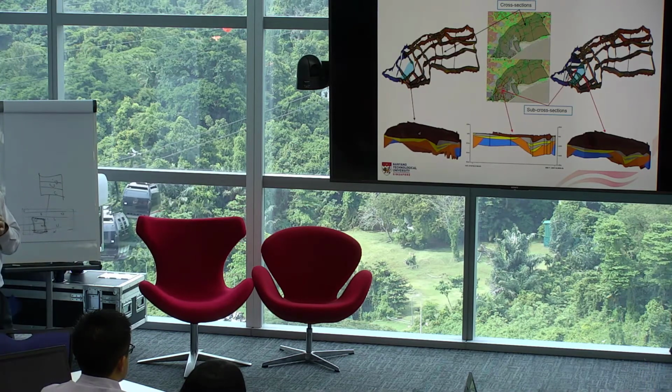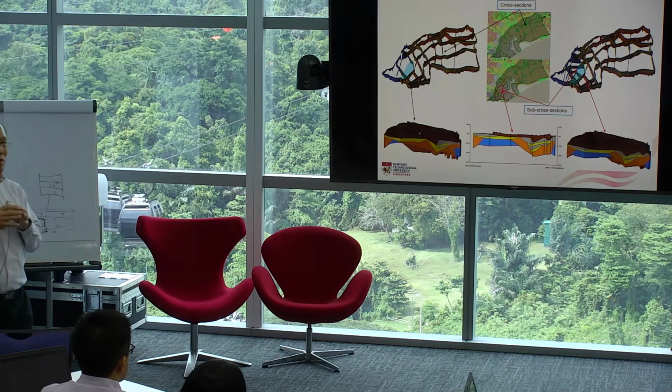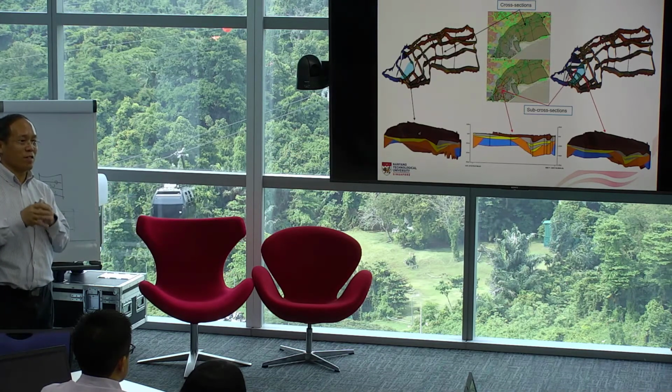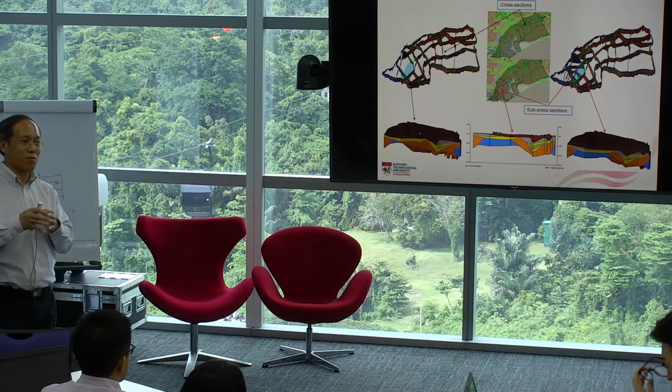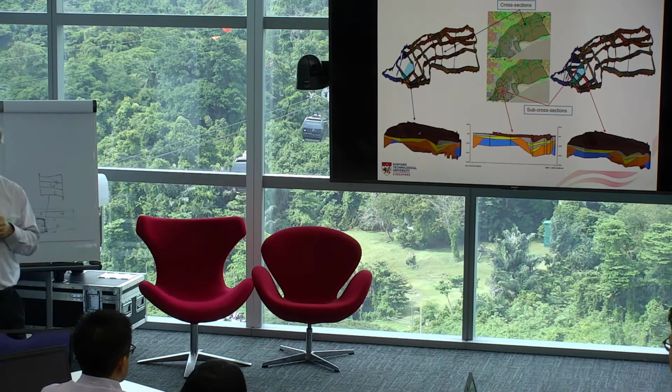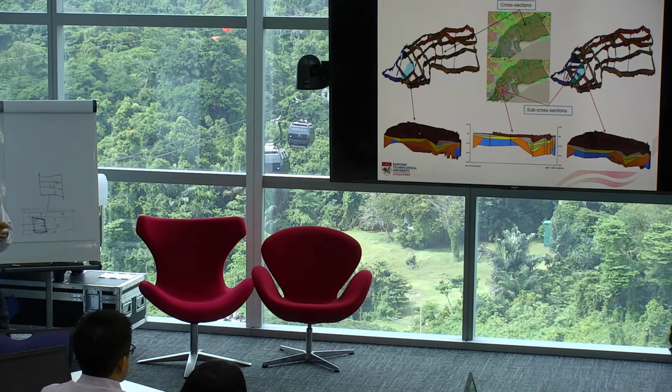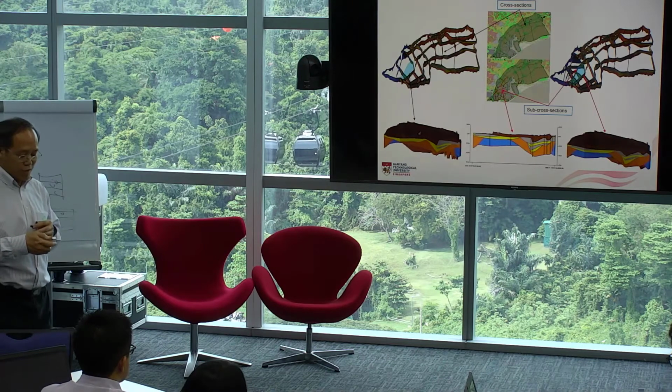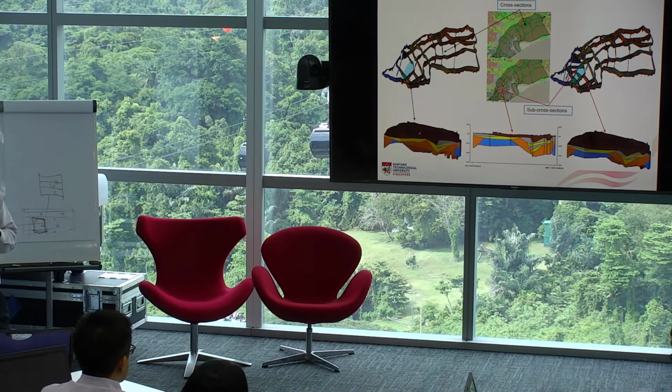The model by no means is going to replace your future site investigation work. You still have to do your site investigation, and the model here will only provide you with more informed information, for you to do better site investigation work. I'm going to explain this at a later stage.